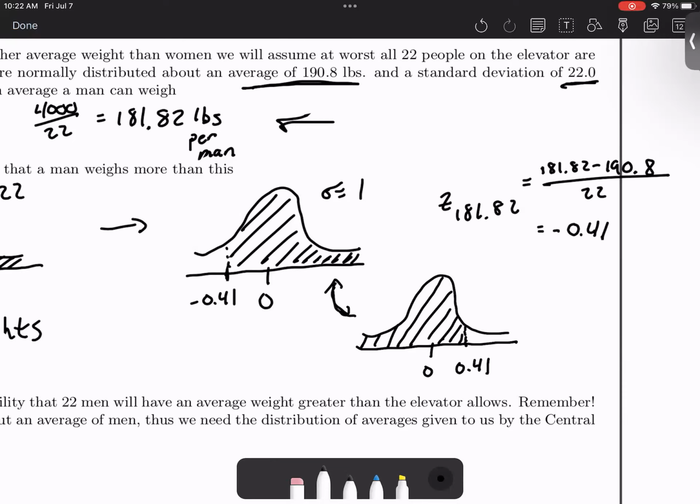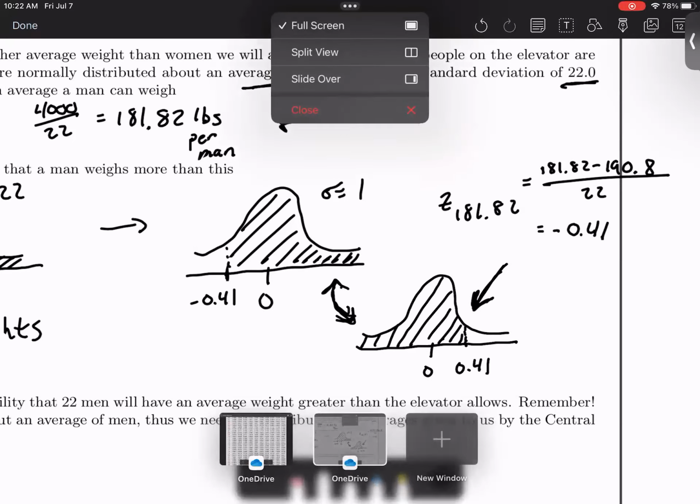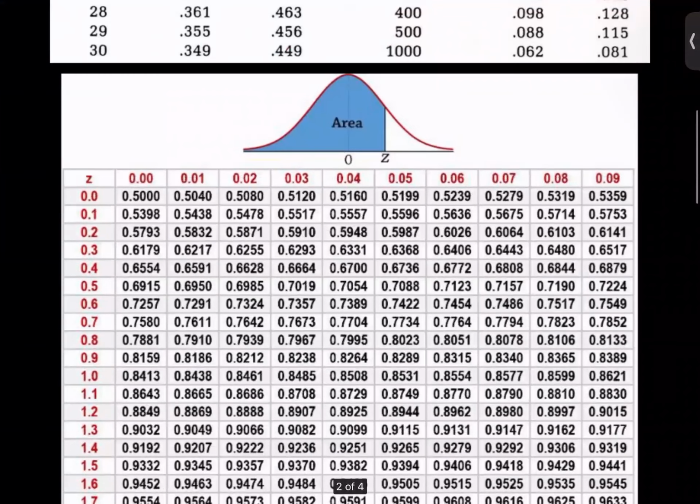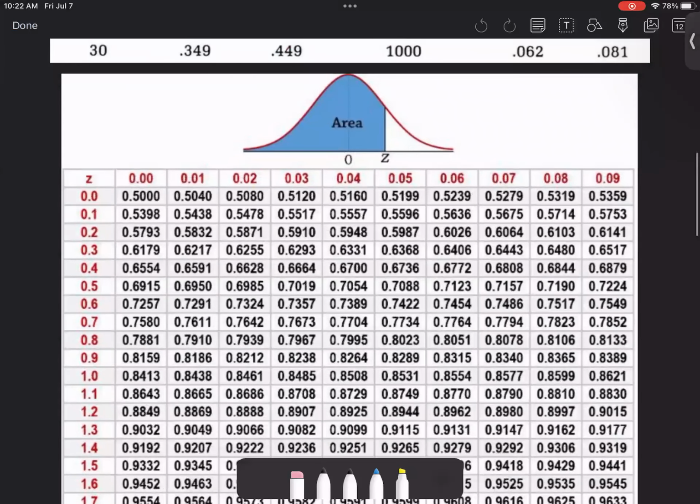Because our normal distribution is symmetric, that's the same area. And this area right here, I can get from my z-score table. So let's navigate over to the z-score table and find the area to the left of 0.41. Areas to the left of z-scores. So 0.41 is right here. So 65.91.